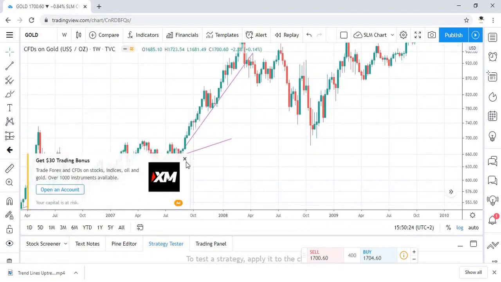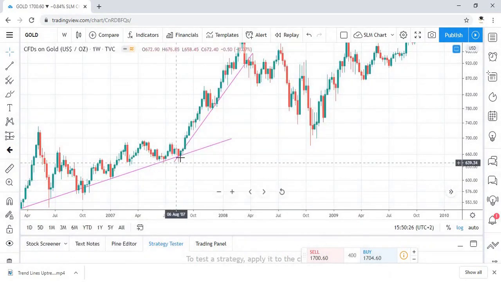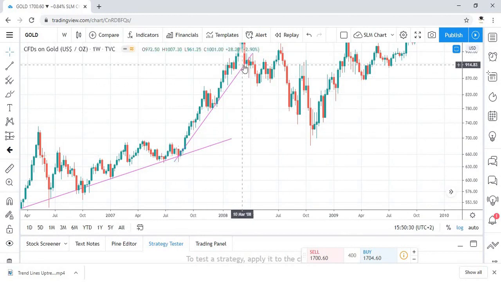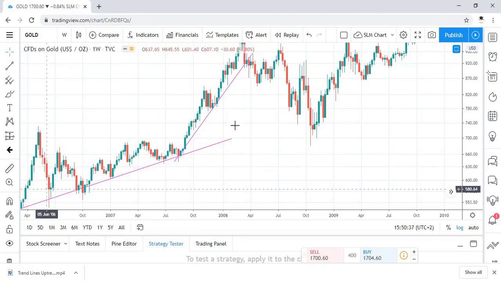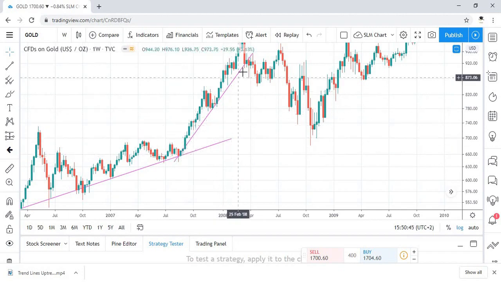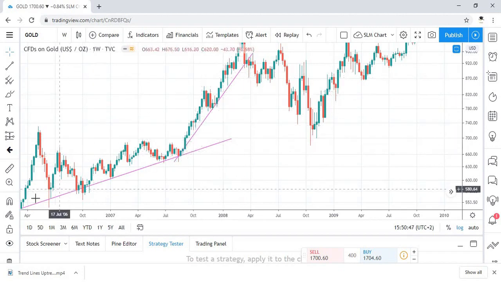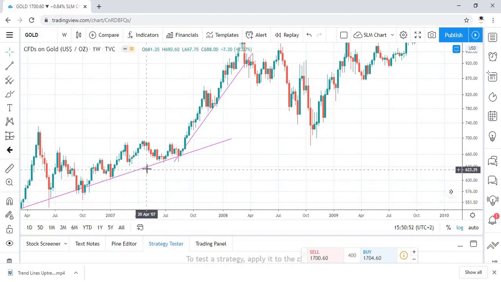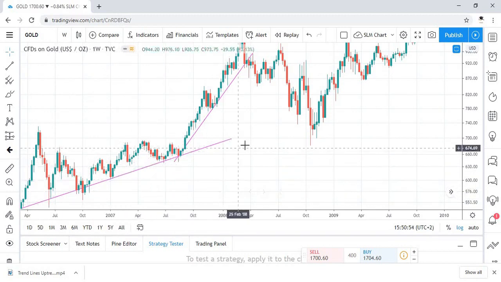But then when you compare the movement from here, the 13th of August, up to this point, it's only the 17th of March, which is a shorter time compared to this one. So usually higher momentum or steeper trend lines result in a large price move over a shorter period of time compared to trend lines that are almost leaning on the side of being horizontal.